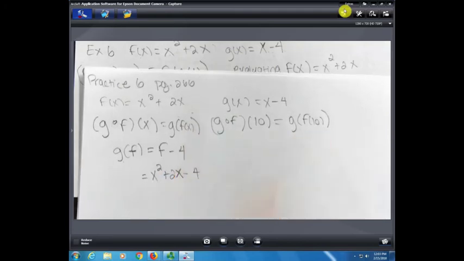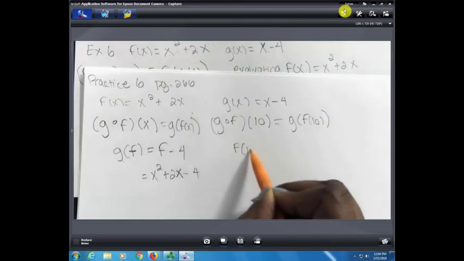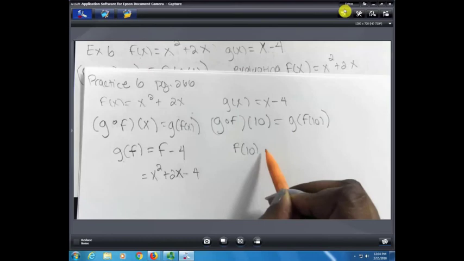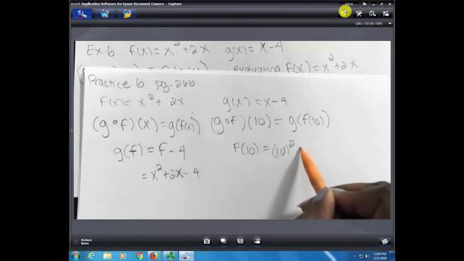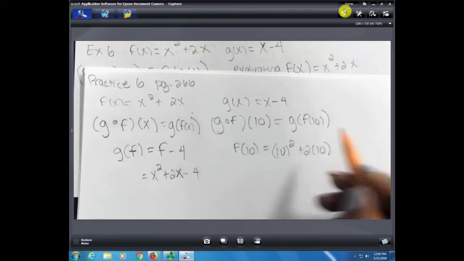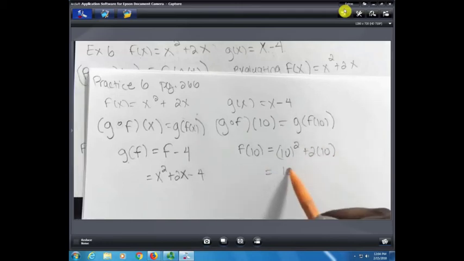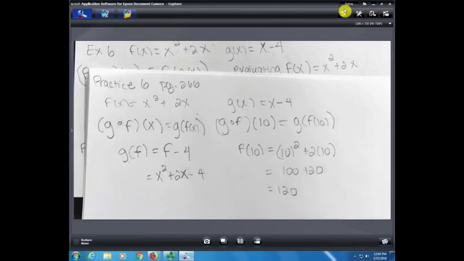Alright, if I want to evaluate this function at 10, I can plug in a 10 in this final function here, or I can do f of 10 first. So I'll take my f function and replace all of my x values with 10. So that gives me 100 plus 20, which is 120.